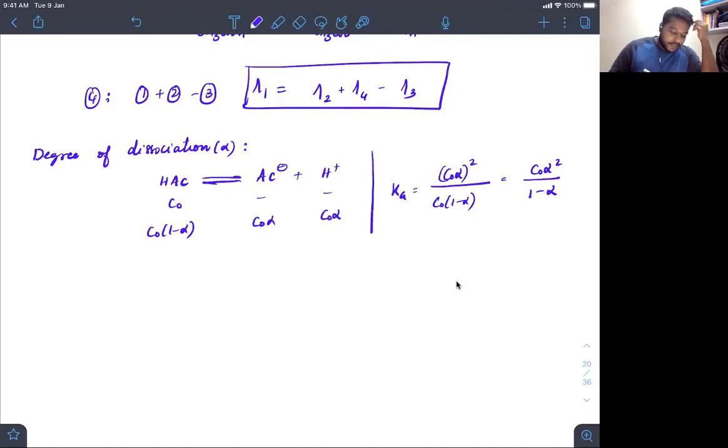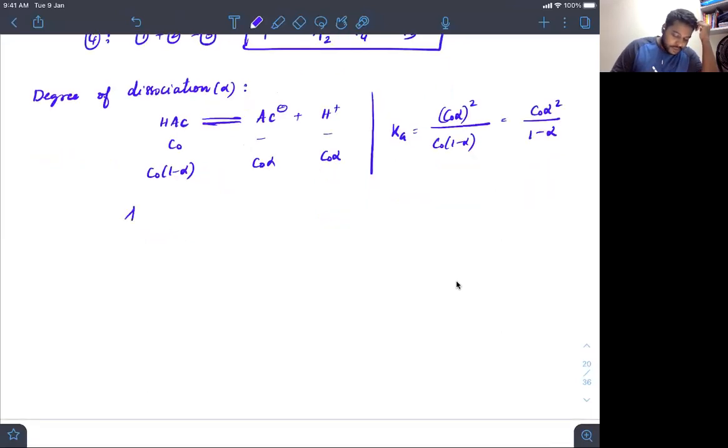Okay. Now I can say if the molar conductance at infinite dilution will have an alpha value as 1, and for 1 unit of conductance, how much will be the alpha value? Alpha value will be equal to 1 divided by lambda m infinity of HAC.